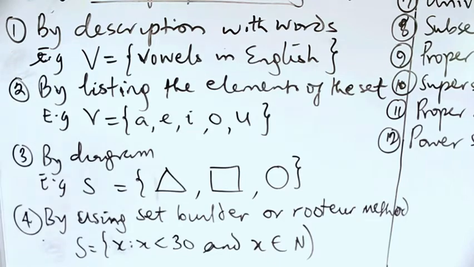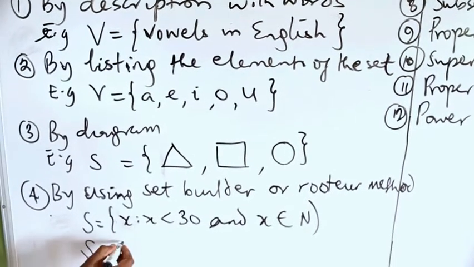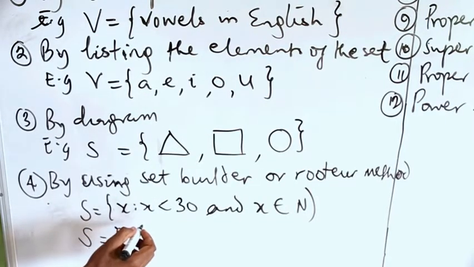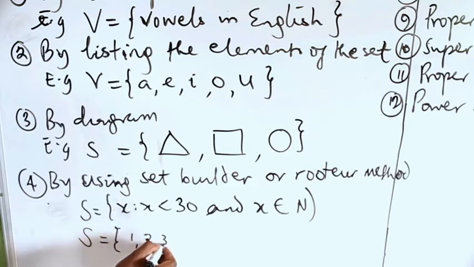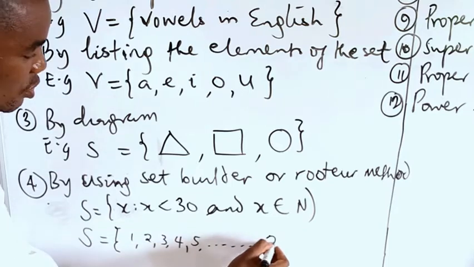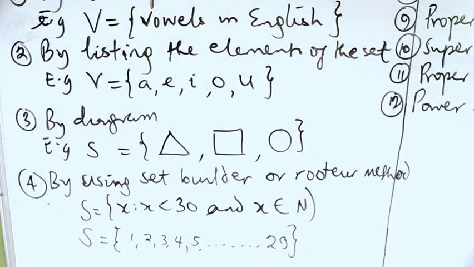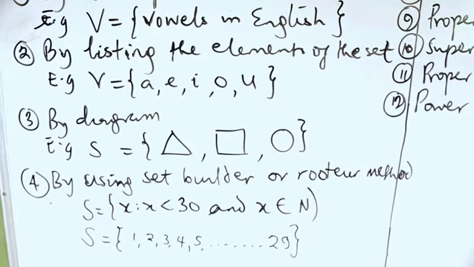So if I want to list out the elements here, I can write something like this. S is equal to, you start from counting numbers that are less than 30. 1, 2, 3, 4, 5, until you get to 29. Then you close everything in a parenthesis. But we will not use this.